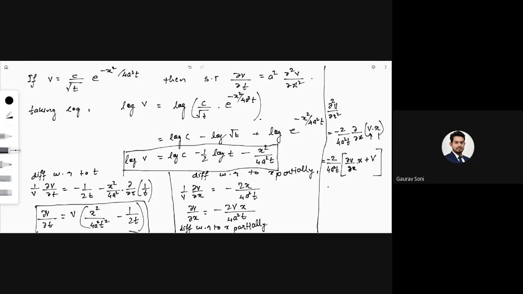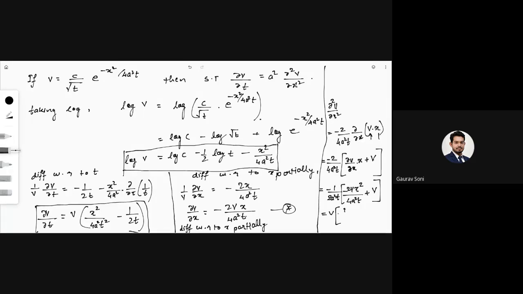Partial derivative of v with respect to x we have, so I will put this equation star in that. So what do we have? Minus 1 upon 2 a square t in bracket, minus 2vx square upon 4 a square t plus v. So I can take v common now in this, and in bracket, and this minus 1 upon 2a square t inside.